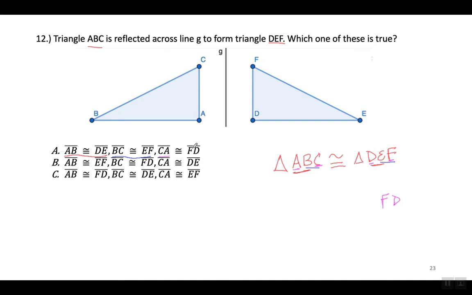However, they wrote it. Oh, they did write it correctly. I'm sorry. I thought they tried to make it tricky, and they did not make it tricky. It's straightforward. The third letter, then the first letter. So side CA corresponds to side FD. And you can also look at the picture. Okay, side CA is going to be congruent to side FD.